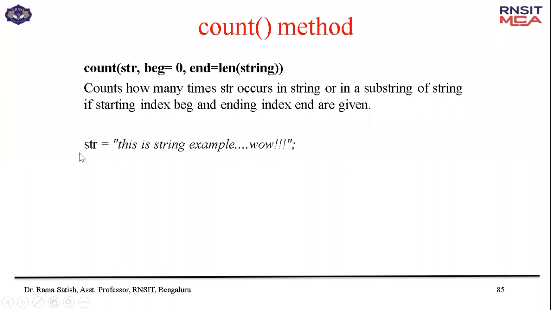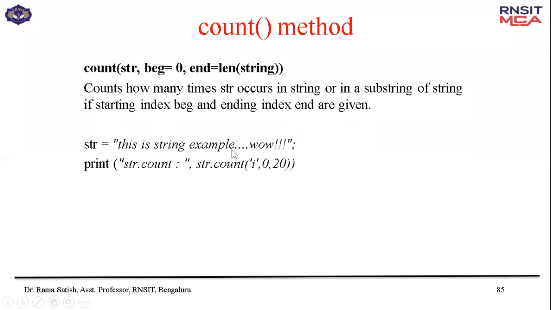So here we have str: this is a string example. Wow. And count i from 0 to 20. 0, 1, 2, 3, 4, 5, 6, 7, 8, 9, 10, 11, 12, 13, 14, 15, 16, 17, 18, 19, 20. So this is an example.